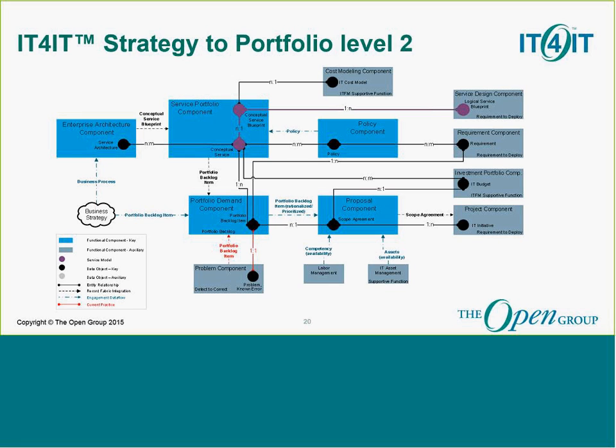The grayed out items are either functional components from adjoining value streams, like requirement to deploy or detect to correct, or supporting functional components. So there's cost modeling, asset management. And at this level, you see some more details about the data relationships and the information flow from functional components.